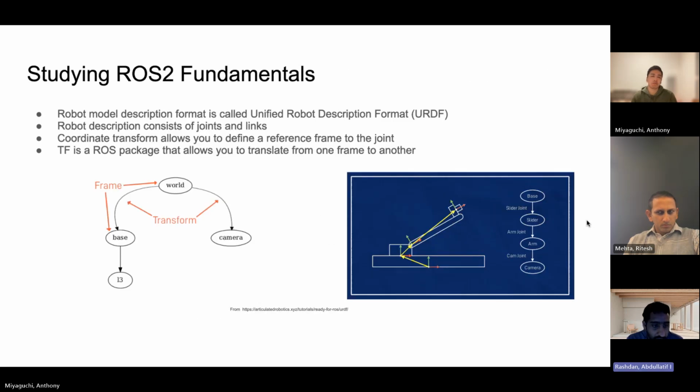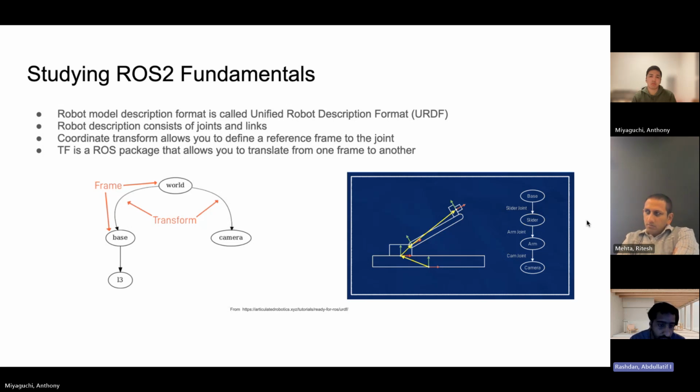Okay, so we have the robot model description format, which is called URDF, and it consists of joints and links. And whenever you have joints and links, you think about motion. So we think about each link and how other joints and links will change with respect to it.